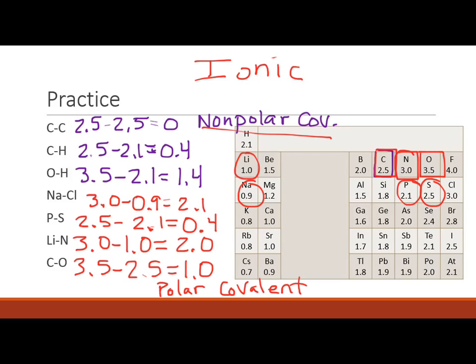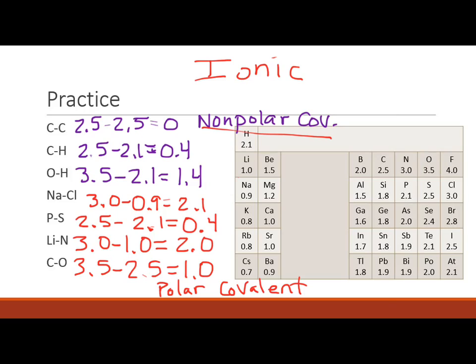So up to this point, I kind of gave you just a rule of thumb, which basically said that an ionic bond is going to be anything that involves a metal from the left-hand side of the periodic table and a non-metal from the right-hand side.